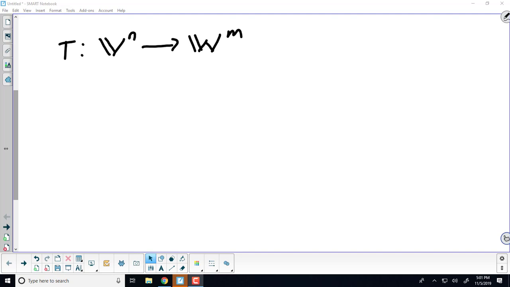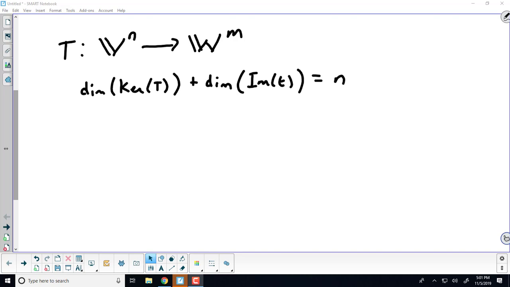Then we said that the dimension of the kernel of T plus the dimension of the image of T needs to be equal to n, the originating space.